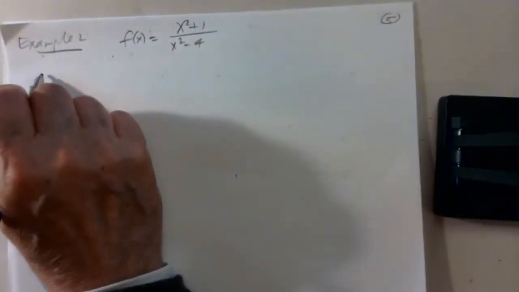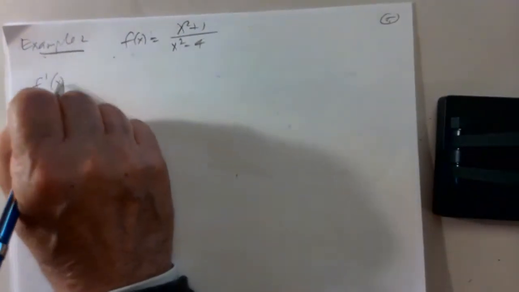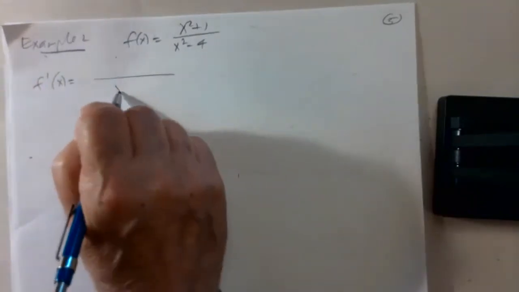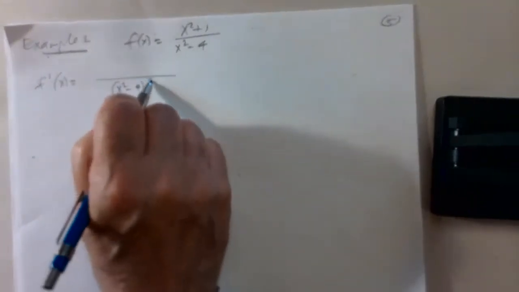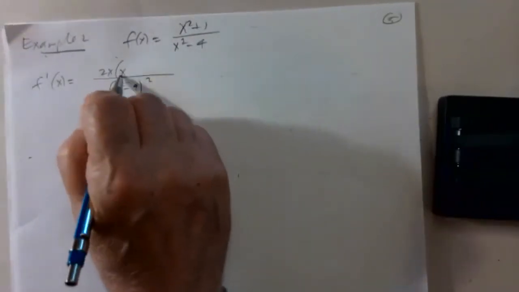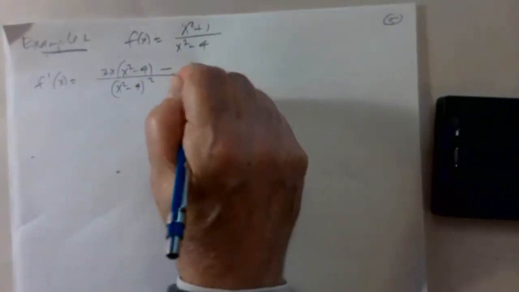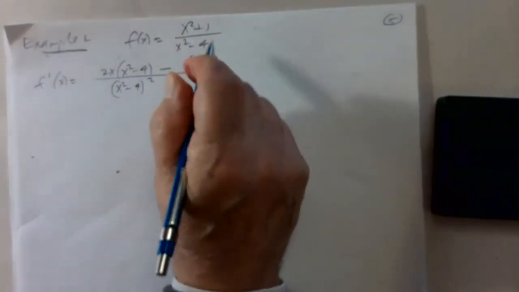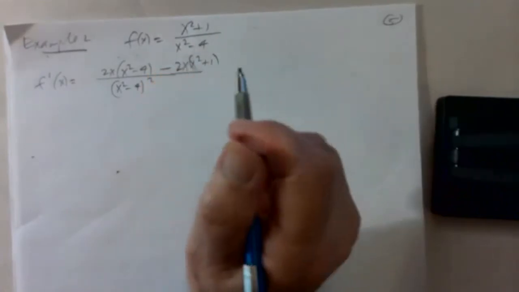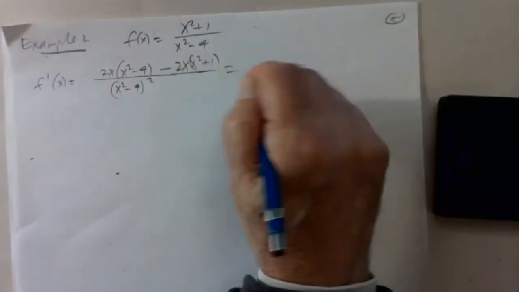So we need the second derivative, which means we need the first derivative. The derivative is what? X squared minus 4 squared in the denominator, and the derivative of the numerator times the denominator minus the numerator times the derivative of the denominator.